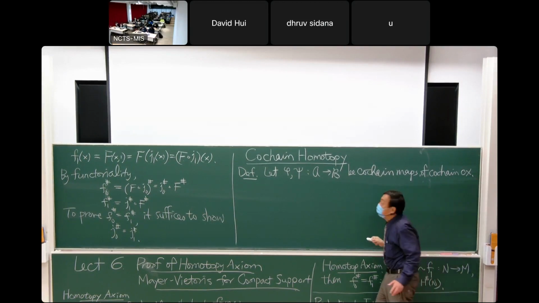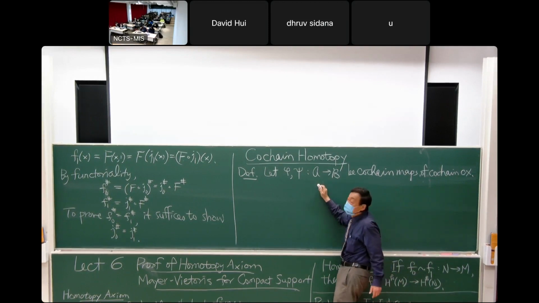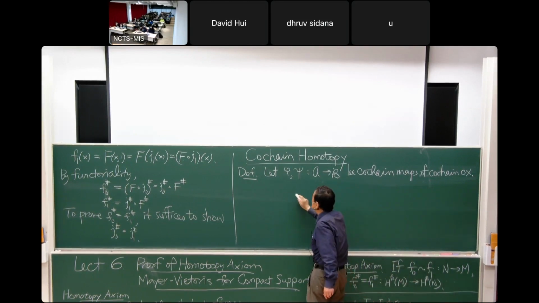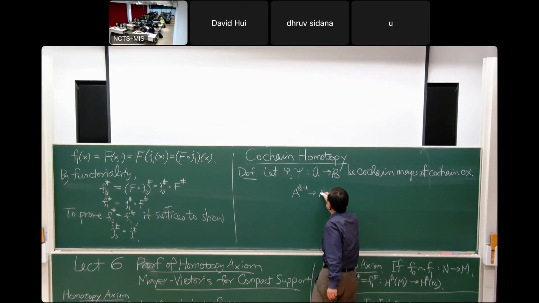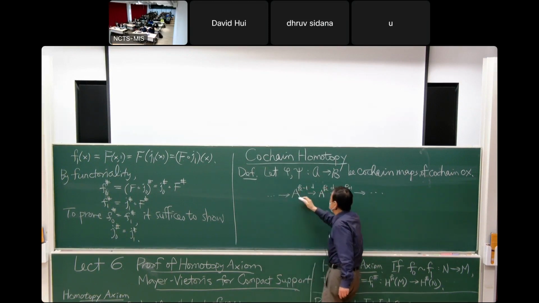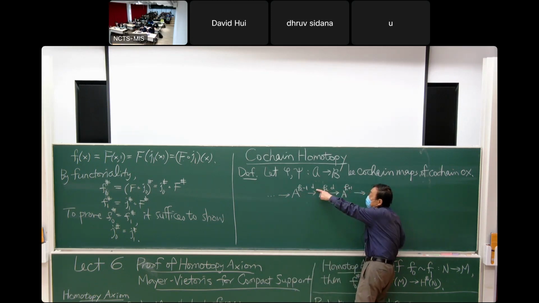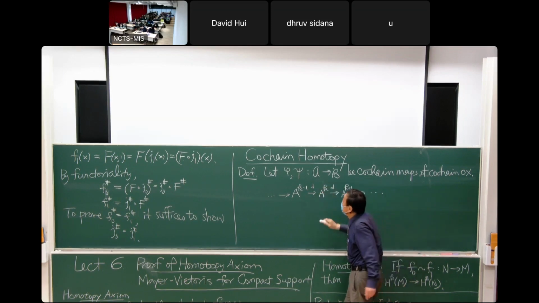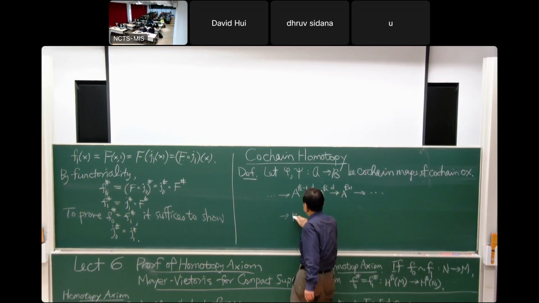Well, what does that mean? Well, A is a cochain complex. That means you have a sequence of linear maps with a differential d, so that d squared is 0. So this is A, okay? And B is another cochain complex.